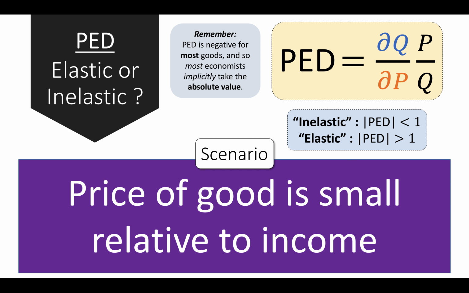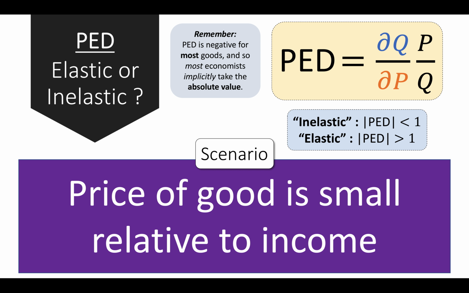If you make, I'll just pick a round number, $100,000 a year, and you have a significant amount of that as disposable income because you're relatively frugal, then if every once in a while you run into something which costs pennies to buy, you're not really going to even think about whether it breaks your budget for that month or anything like that.